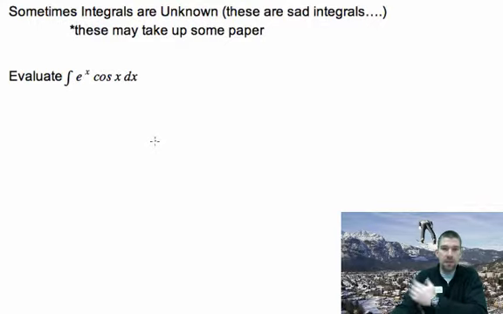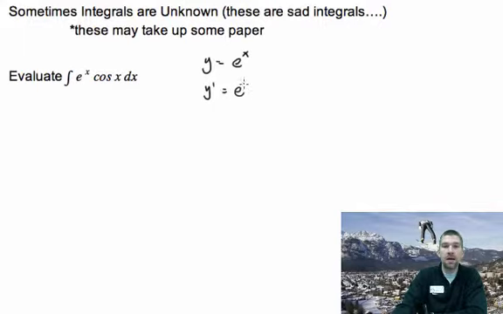Now, let's just keep a couple things in mind here before we get going. Number one, if I have y equals e to the x and I take the derivative, I get e to the x, and if I take the derivative of that, I get e to the x. On the other hand, if I integrate all of these, they integrate to e to the x. With cosine x, if I take the derivative, I get negative sine x.